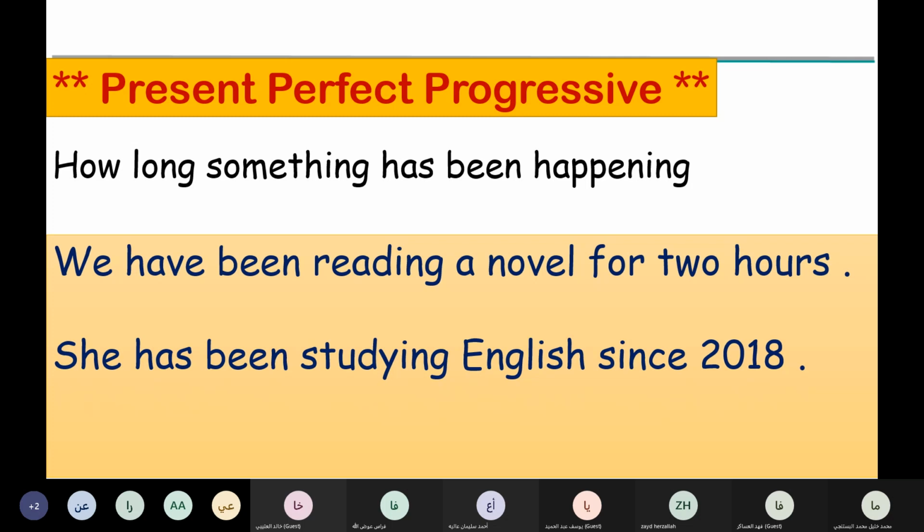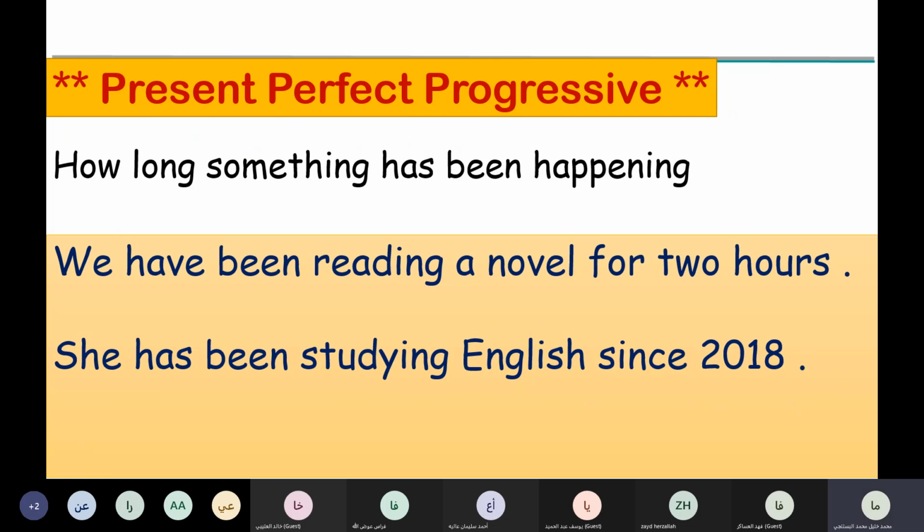Since Monday, since 9 o'clock, since last week, etc. But for is used with what? The number of days, number of weeks, number of years. For 2 hours, for 2 weeks, for 3 months, for 5 days.